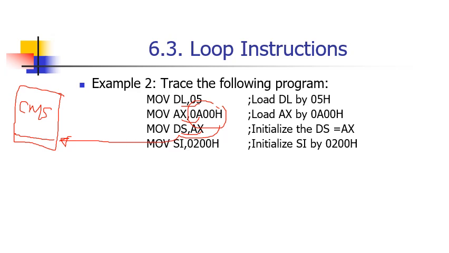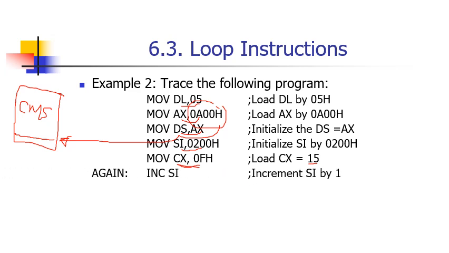Good. Then we have a source index. Looks like we're going to scan some portion of your memory starting at this 200 hexadecimally. All right, we're going to do this 15 times, a maximum of 15 iterations.